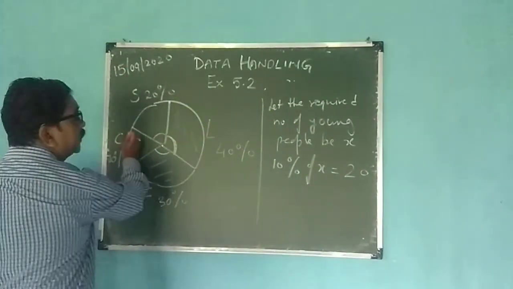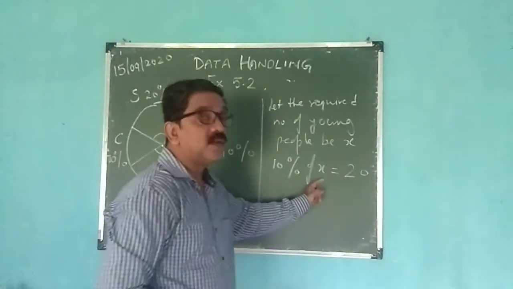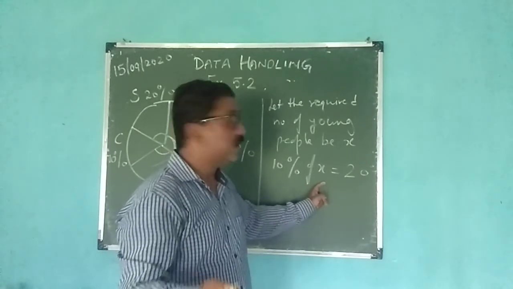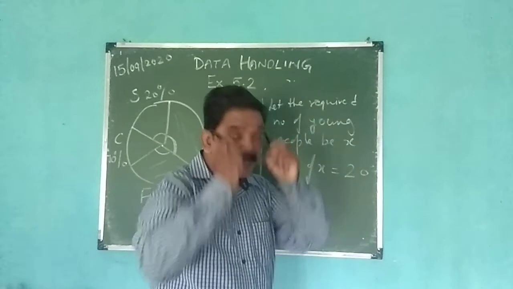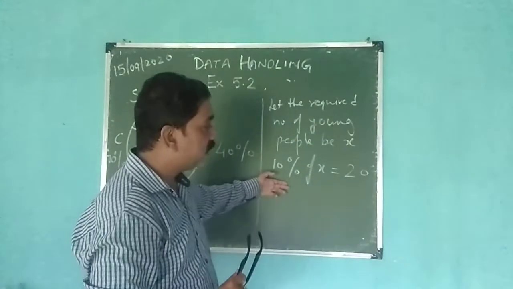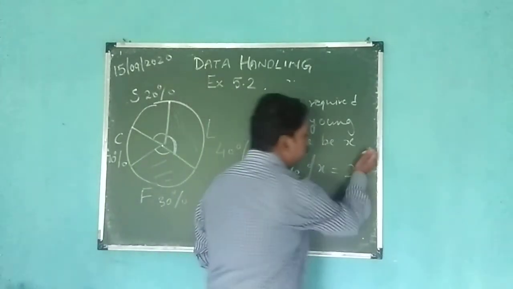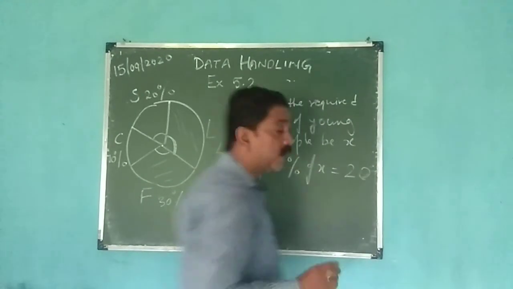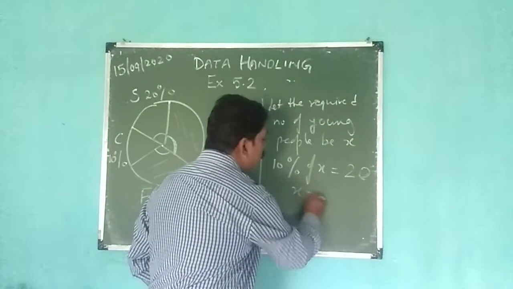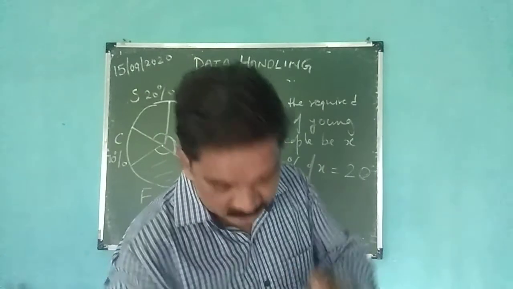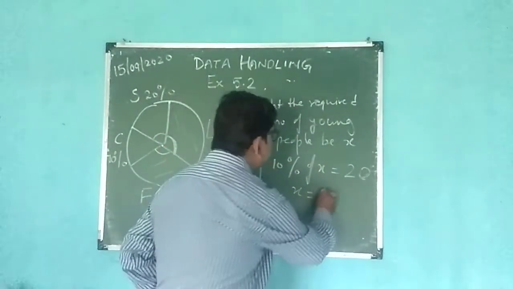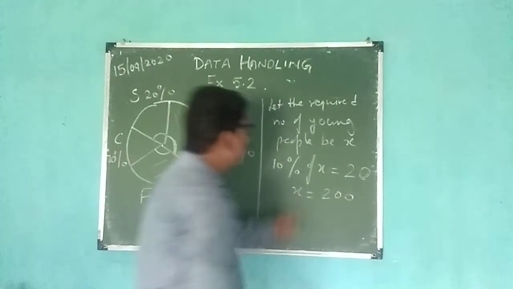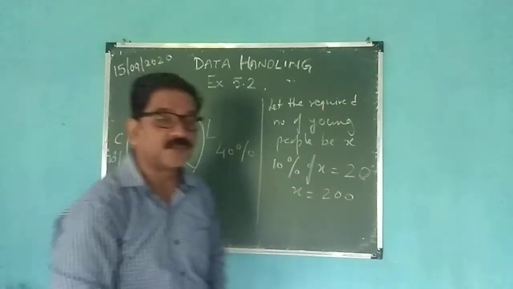This number is 20. 10% of young people they liked classical music, which is equal to 20. I mean the number they have given, this is a percentage and this is a number. Clear? So now you get the value of x. Once you get the value of x, that value of x will give you the answer, that is 200. So 200 people liked classical music.